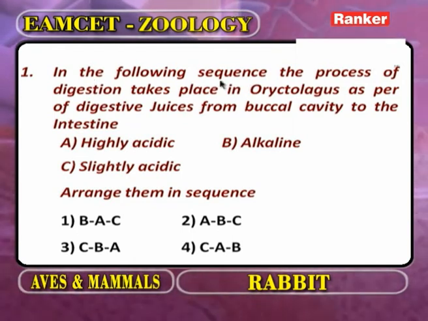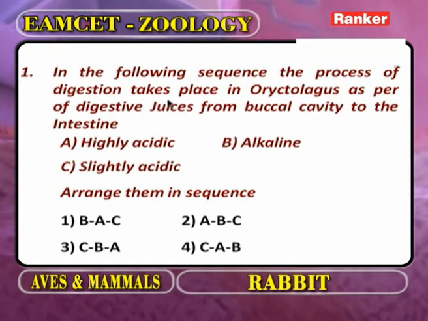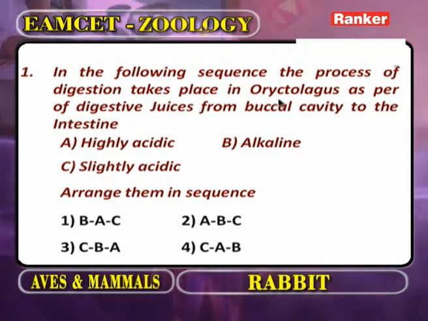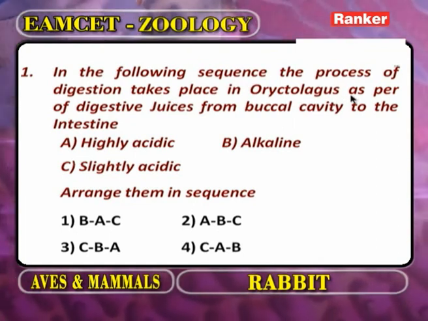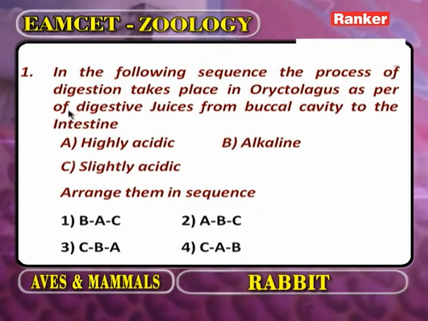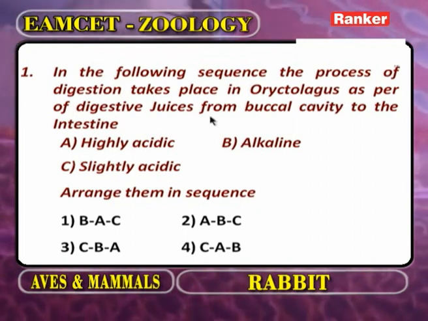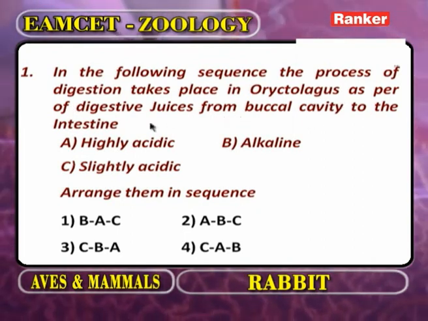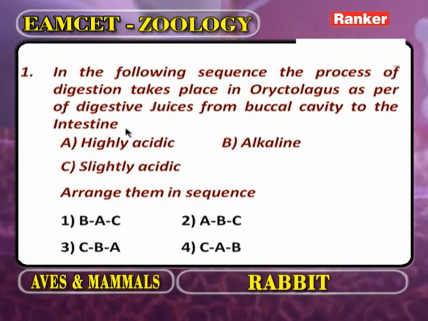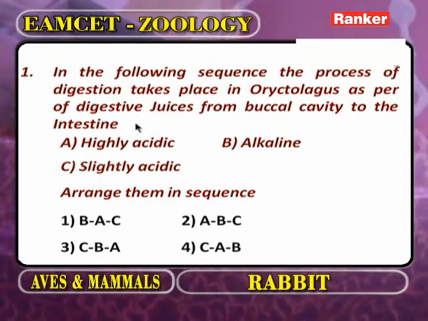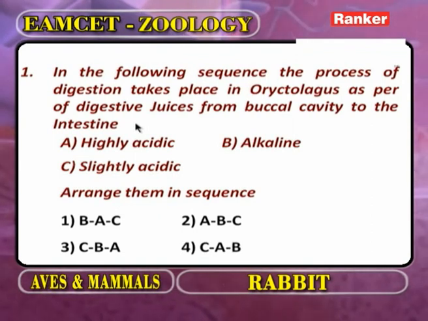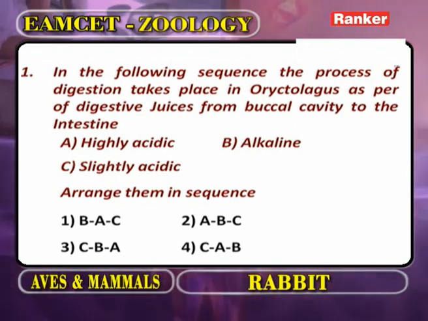In the following sequence, the process of digestion takes place in Oryctolagus as per digestive juices from buccal cavity to the intestine. Again I am repeating the question. In the following sequence, the process of digestion takes place in Oryctolagus.